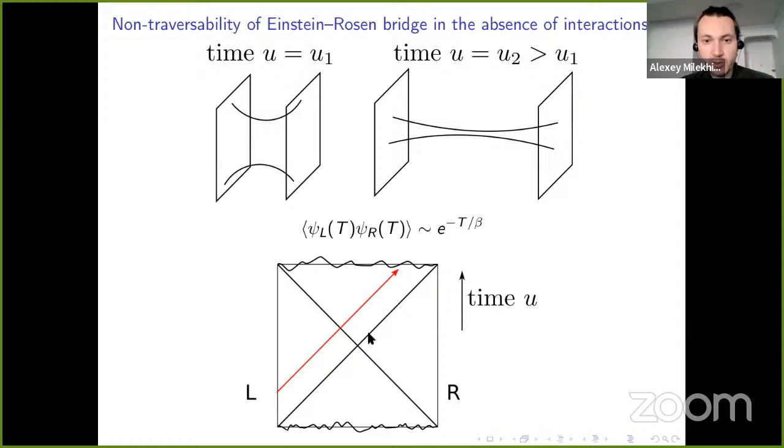If you jump inside, at best you go parallel to the expanding Einstein-Rosen bridge. So you cannot cross it, and in the end this bridge becomes very, very thin, and you end up in a singularity.